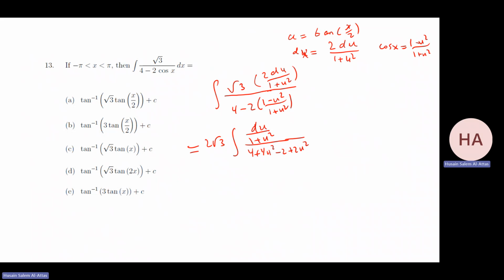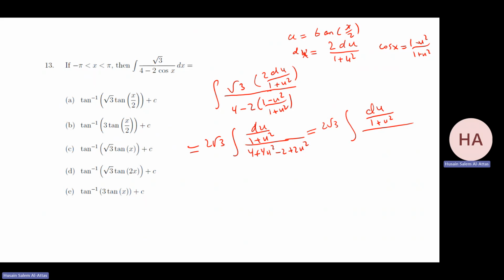I have there 4 plus 4u square minus 2 plus u square. Okay, let me continue, see what will happen. I have 2 square root of 3 du over 1 plus u square over, this is what?